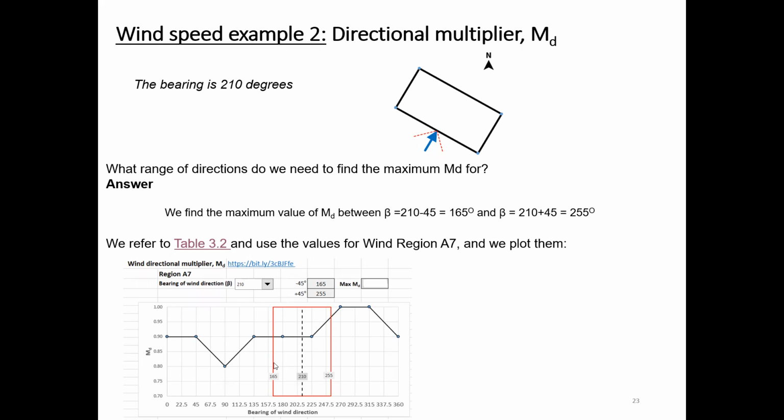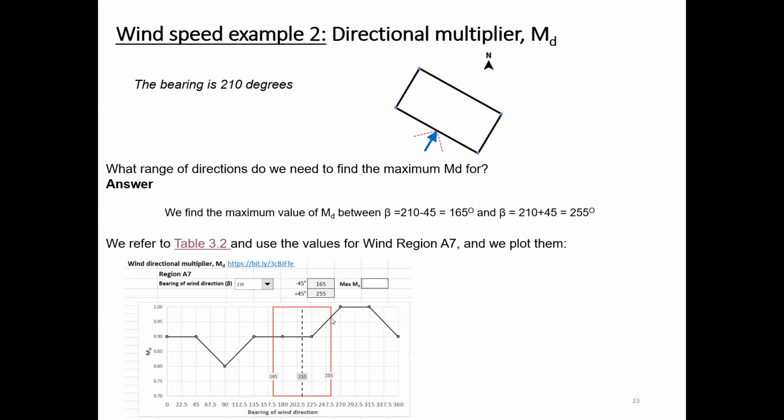Actually, we should have got a bit lower, but it doesn't matter because it's 1 all along anyway. So we put this window here from 210, 45 degrees on either side, so it's from 165 to 255. The highest value is at 255, isn't it?